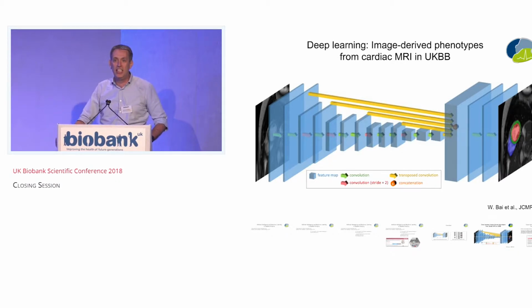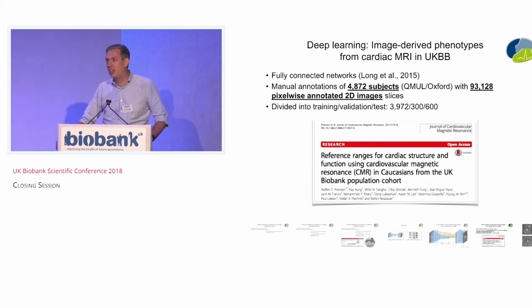Now, all of these techniques usually require a lot of training data to work reliably. This is one of the great opportunities in the collaboration with Stefan's group here in London, but also his colleagues in Oxford. They had already annotated 5,000 subjects, and 5,000 subjects consist of almost 100,000 2D images.